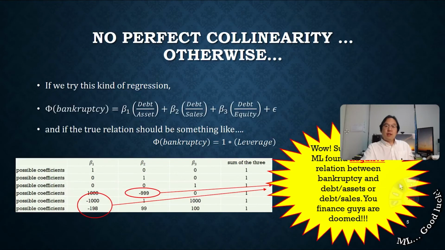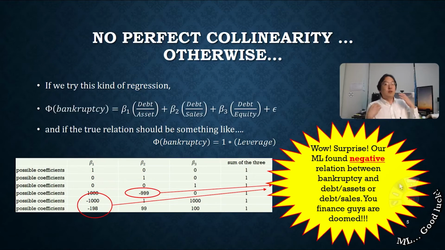The funny thing is, these days, those guys with machine learning, those snake oil salesmen of AI, should I say, they try all kinds of black box models where they throw in all variables without even considering this kind of multicollinearity issue.